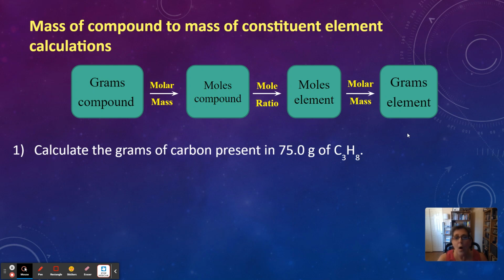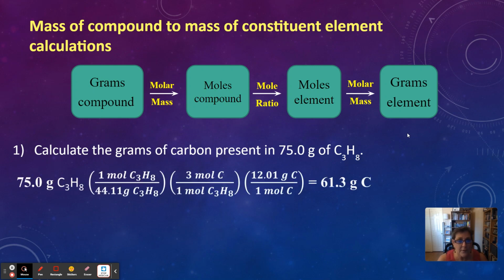All right, here's what the whole thing looks like written out. We've got 75.0 grams C3H8 times 1 mole of C3H8 over 44.11 grams C3H8. Again, that is the number from adding up 3 carbons and 8 hydrogens from the periodic table.